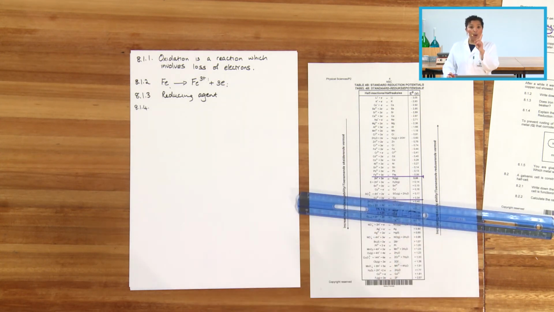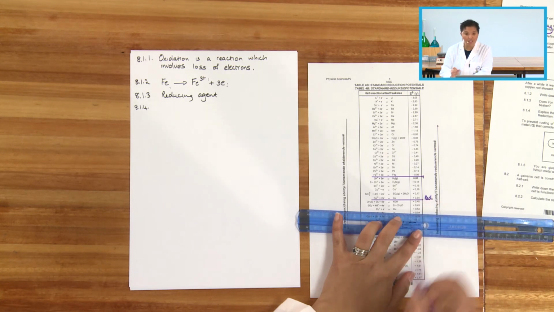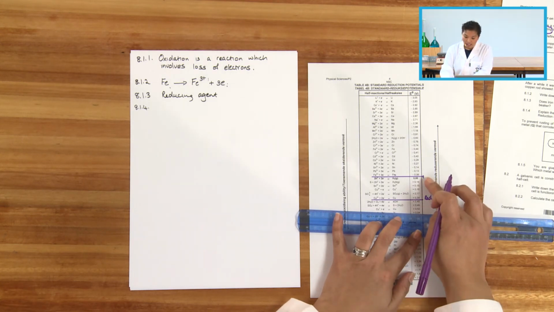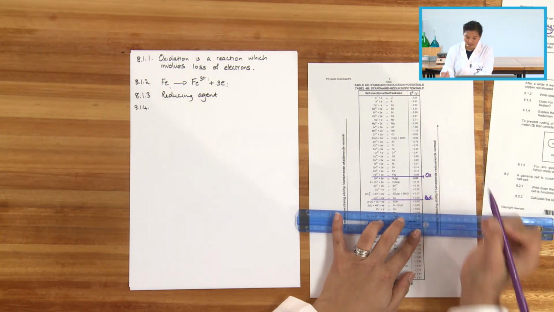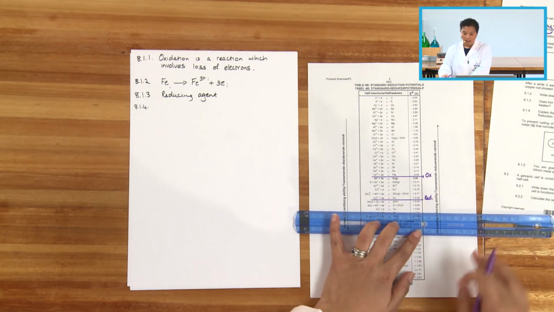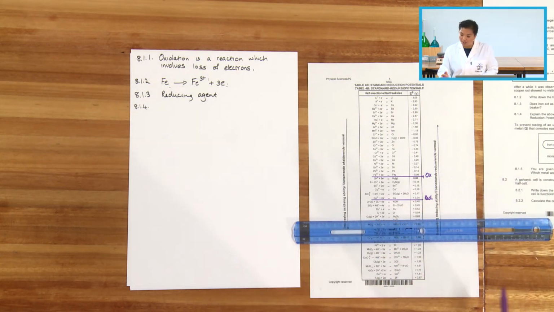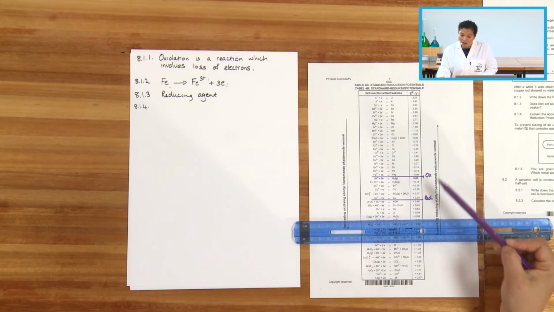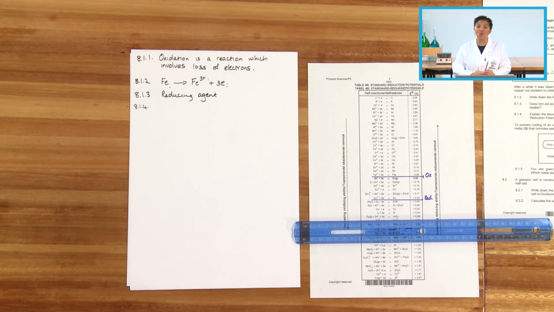So our more positive E naught value is our reduction half reaction, and our more negative one is our oxidation half reaction. And so we've already identified our 2 half reactions. Now we need to see how these reduction potentials affect what was observed in the beaker, observed through this process of rust or corrosion.